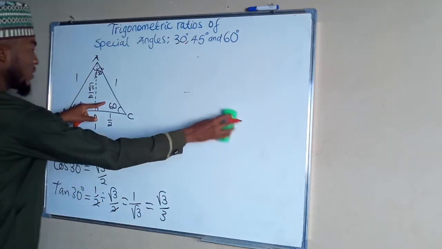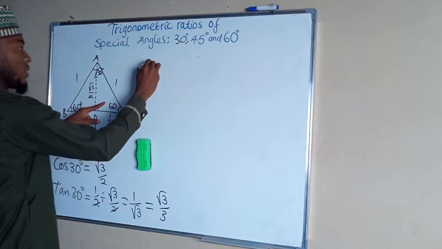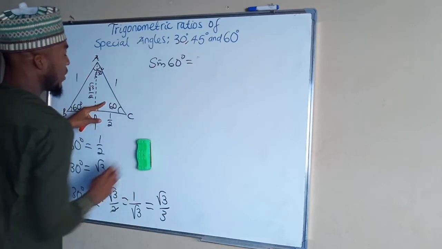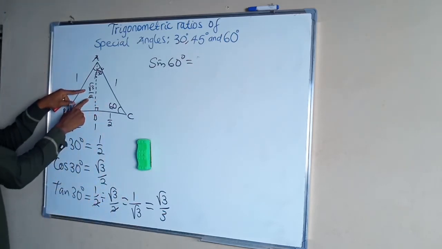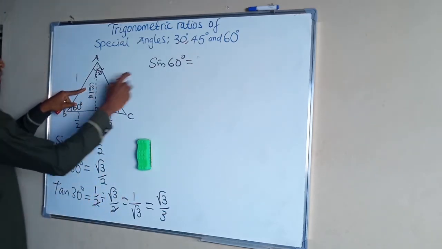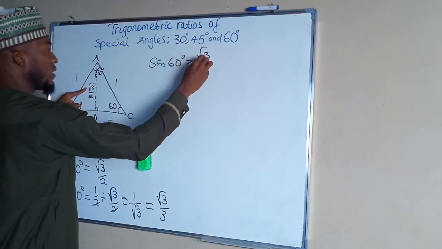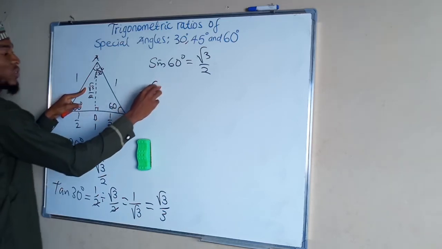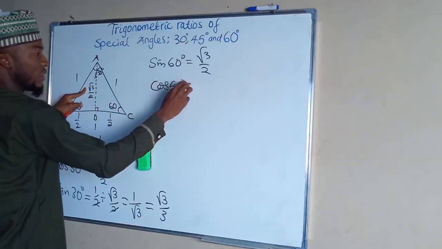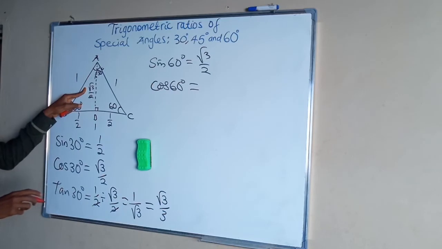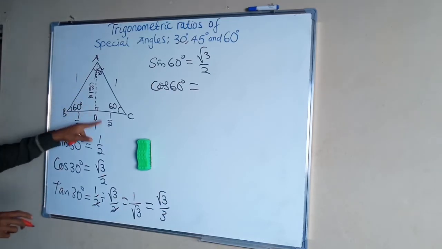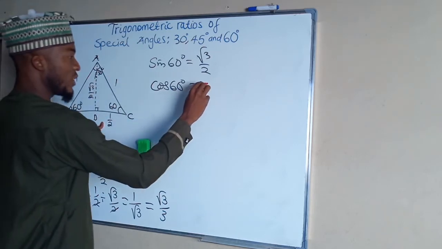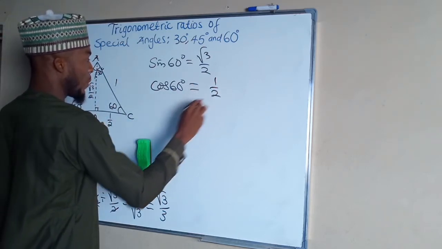Then for 60 degrees, sine 60 degrees is the opposite of that angle divided by hypotenuse, which is root 3/2, because 1 will not change the value. Cos 60 degrees will be equal to adjacent all over hypotenuse. This is the adjacent of this angle divided by hypotenuse, which remains the same, 1/2.